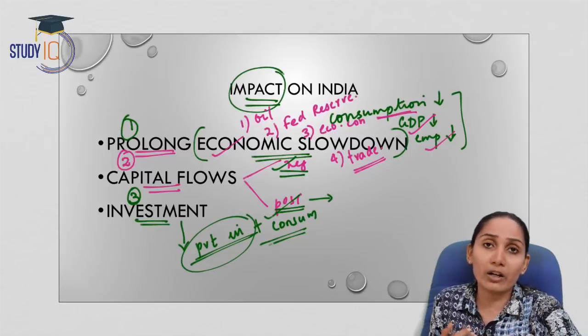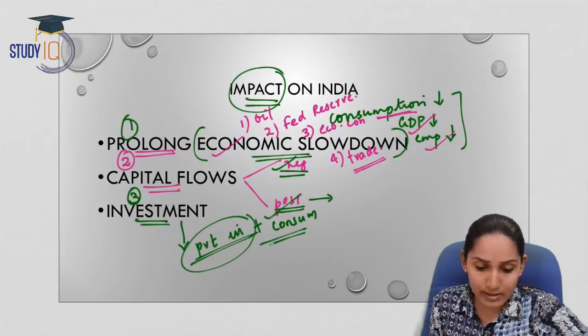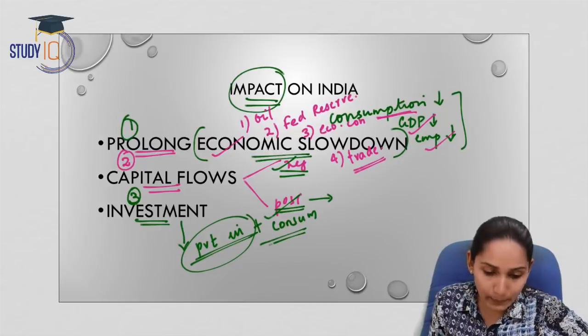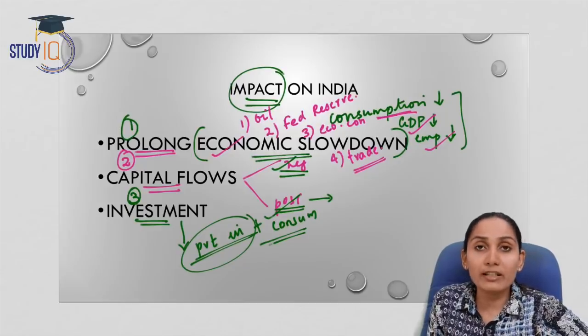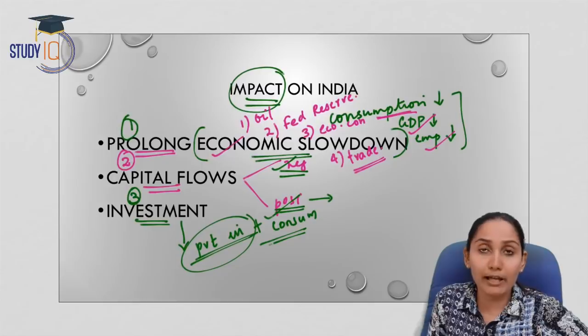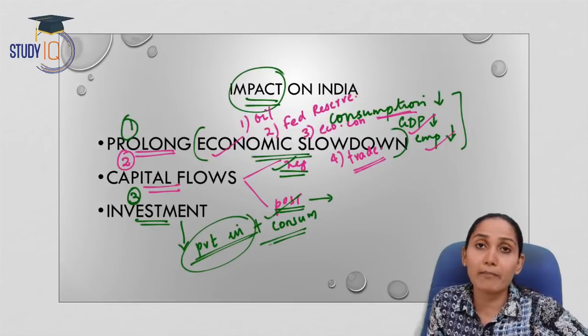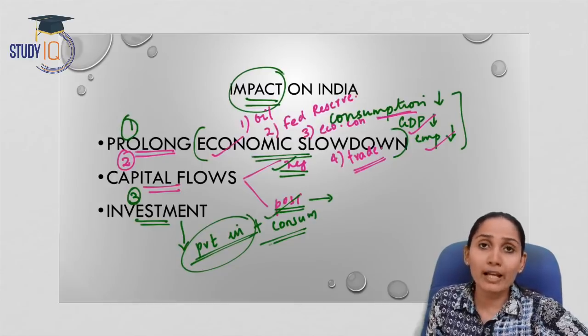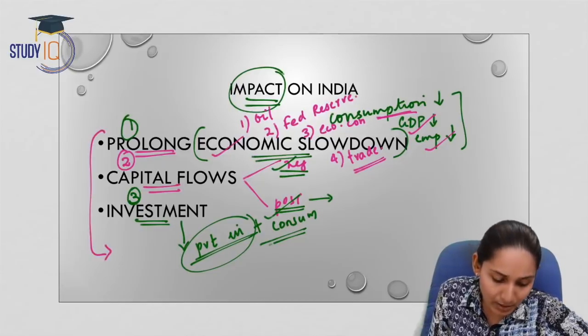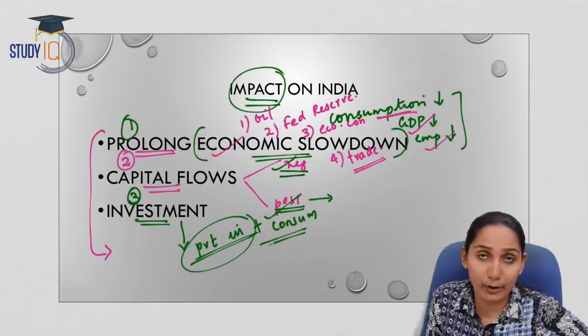So the economic policies in India should be in such a way that they promote the ease of doing business in India and also protect and preserve macroeconomic stability so that more investments can be attracted to the Indian economy. So these are some of the impacts on the Indian economy.